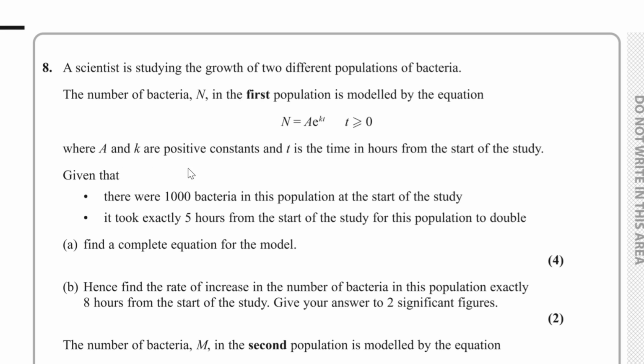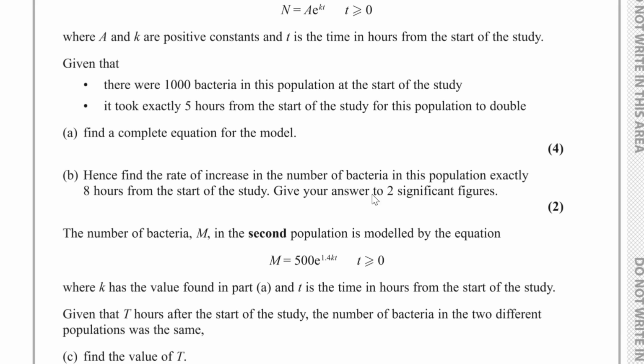A and k are positive constants, and t is the time in hours from the start of the study. Given that there were 1000 bacteria in this population at the start of the study, and it took exactly 5 hours from the start of the study for this population to double, you have to find for part A a complete equation for the model.